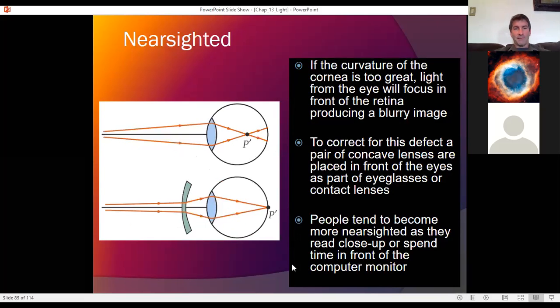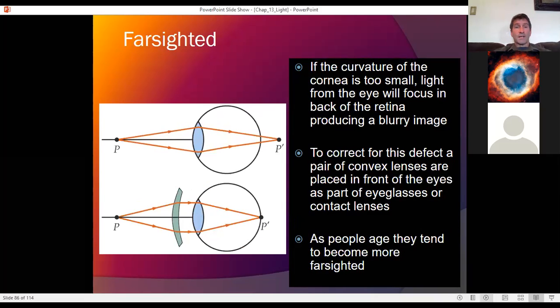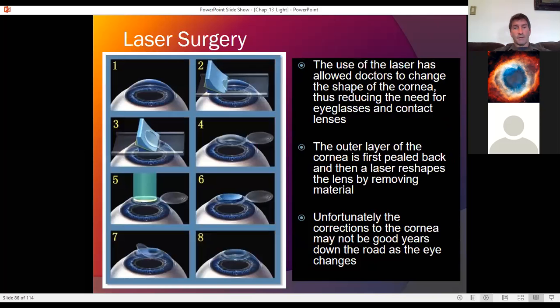Benjamin Franklin invented bifocals. Part of the lens is a concave lens, so you can see far. Part of the lens is a convex lens, so you can see near, and they blend the two together to basically allow you to have both those visions.